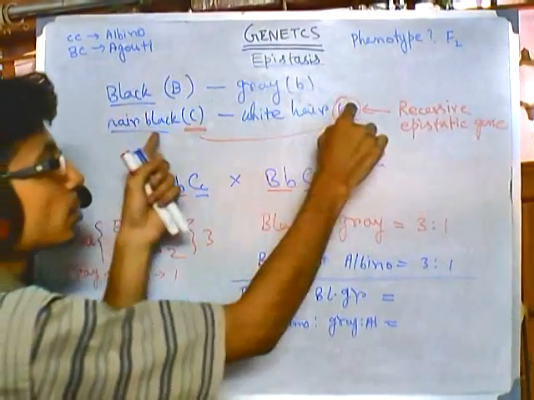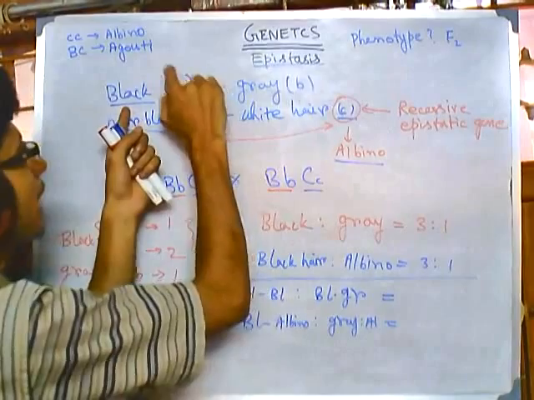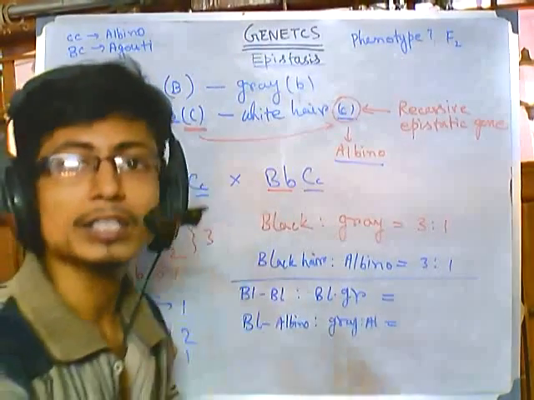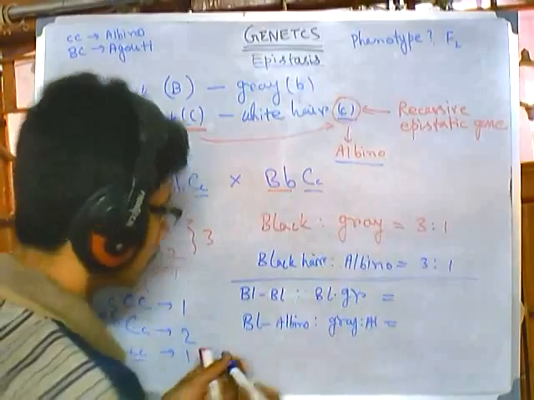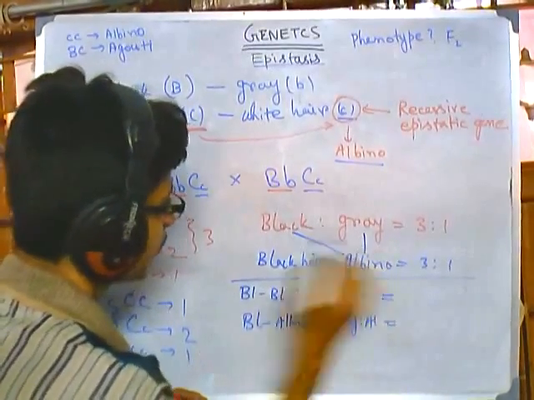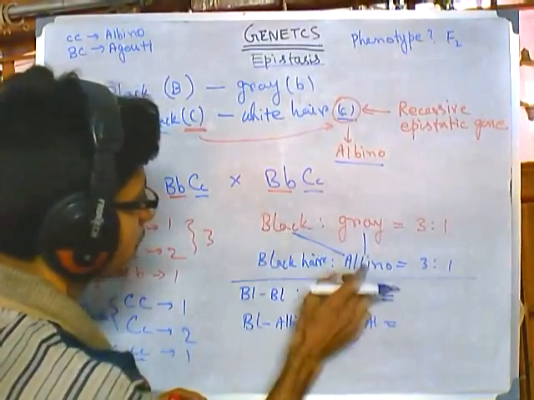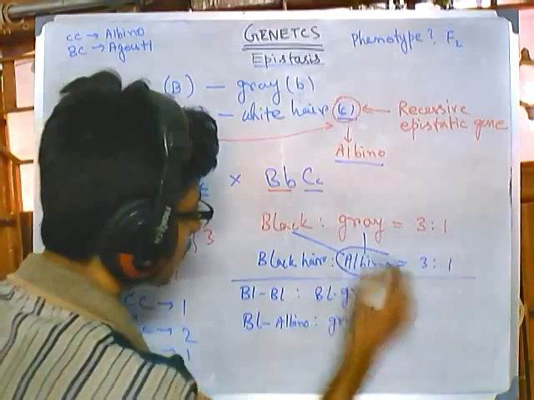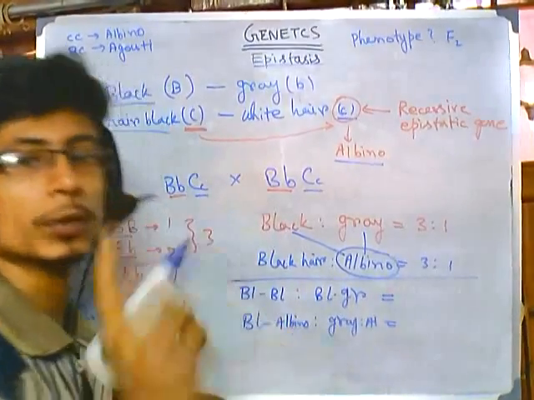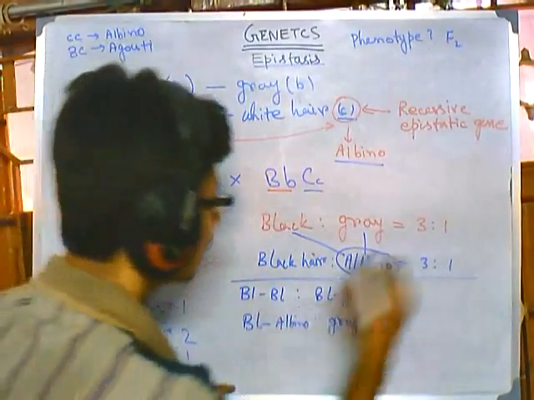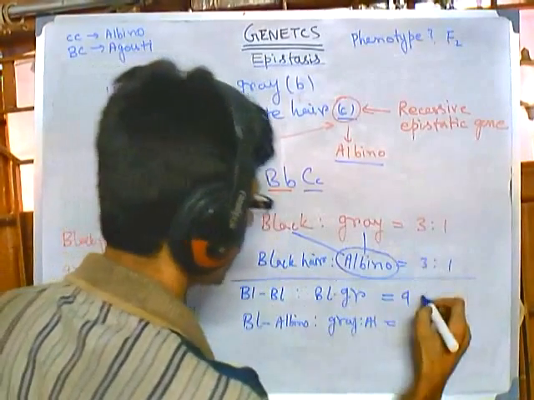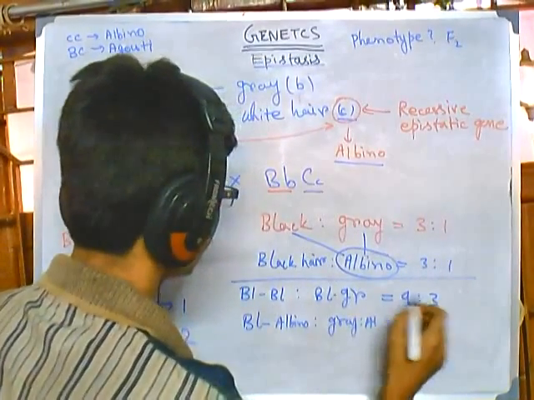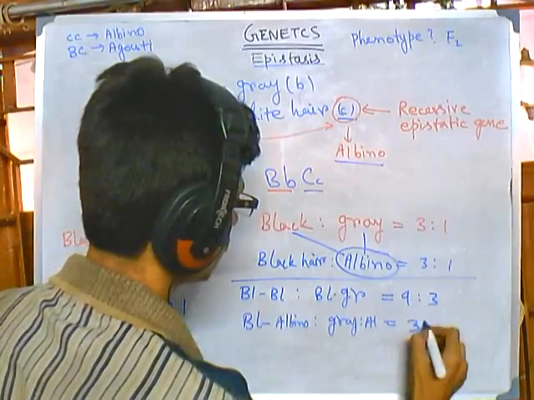So whenever two small c's are present, the black color expression will be suppressed due to the activity of small c. So in this particular case, albino black and albino gray. Whenever there is an albino, the phenotype will always be albino. Okay, so it's 9 black, and black gray is 3, and again it's 3 and 1.